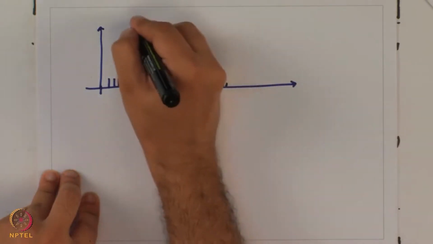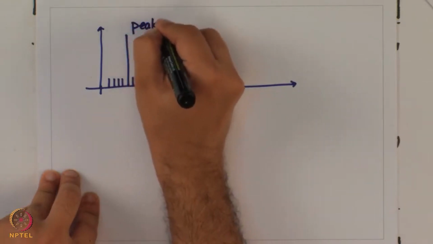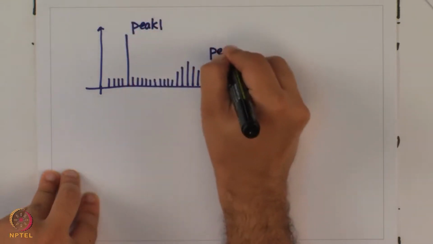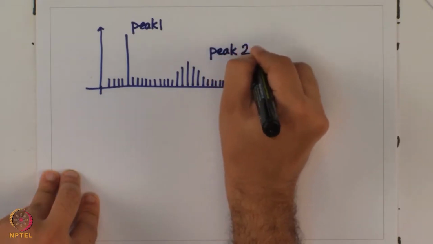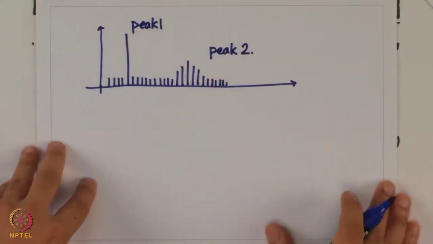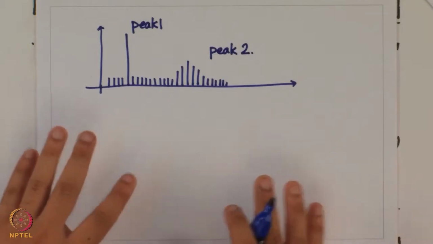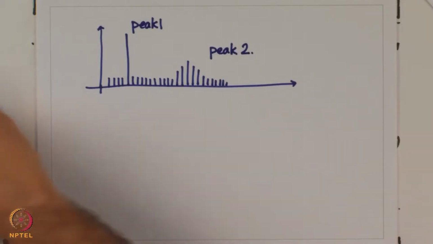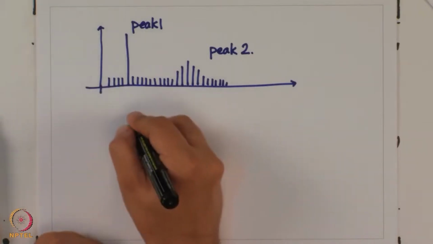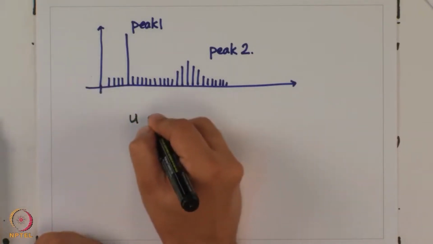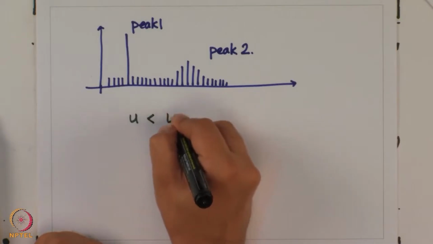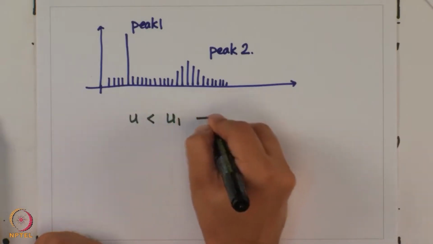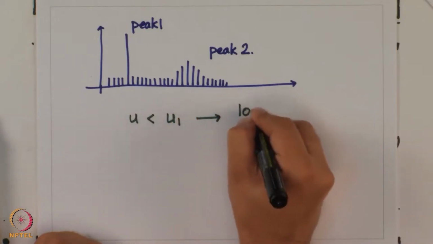So let us call this peak 1, let us call this peak 2. If that is the nature of your fitness landscape, which is more representative of the fitness landscapes that you would actually encounter in biology, then it can be shown that if the error rate associated with replication is less than a certain U1, then localization happens around peak 1.